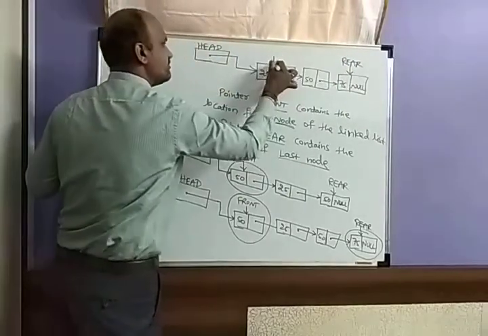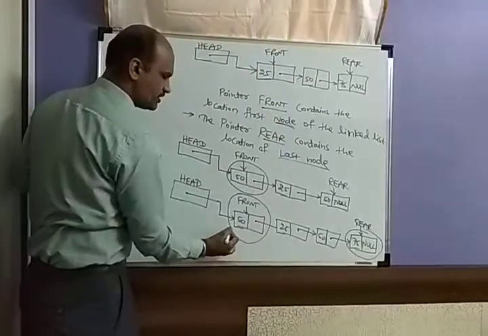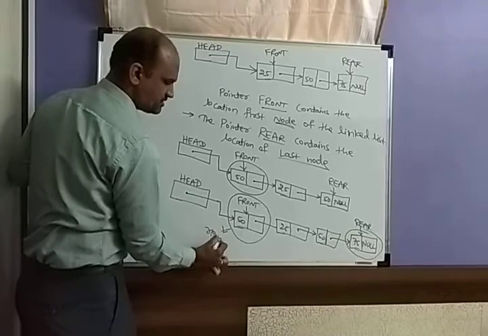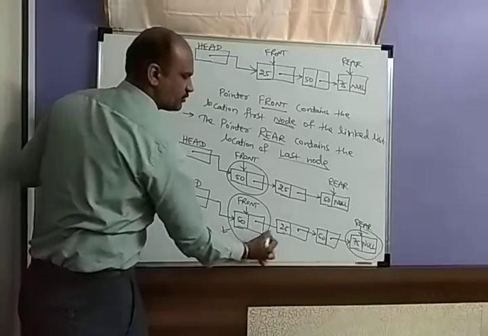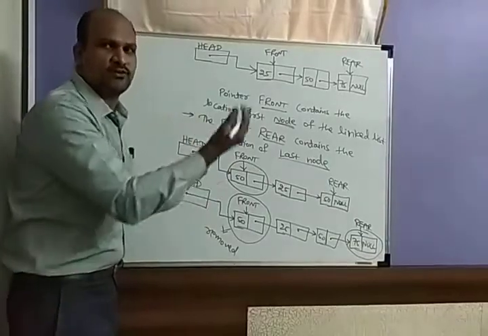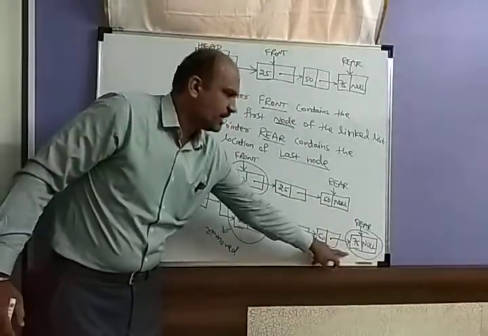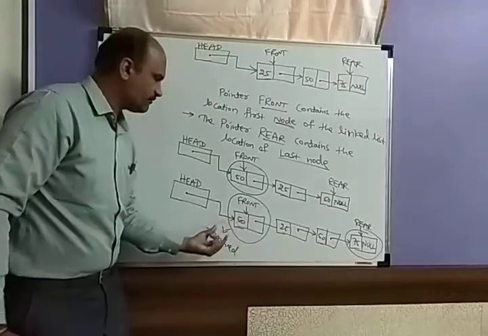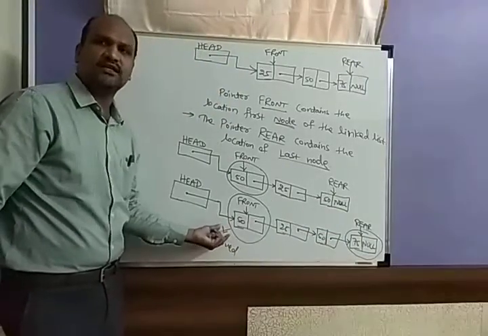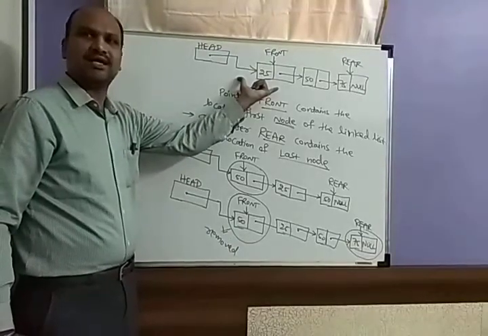Then here becomes front. So this node is removed, means deleted. Automatically the front goes to the next node, that is front will be incremented. Here rear will be incremented and one node added, and here front will be incremented, then this node deleted, then we got this simple example.